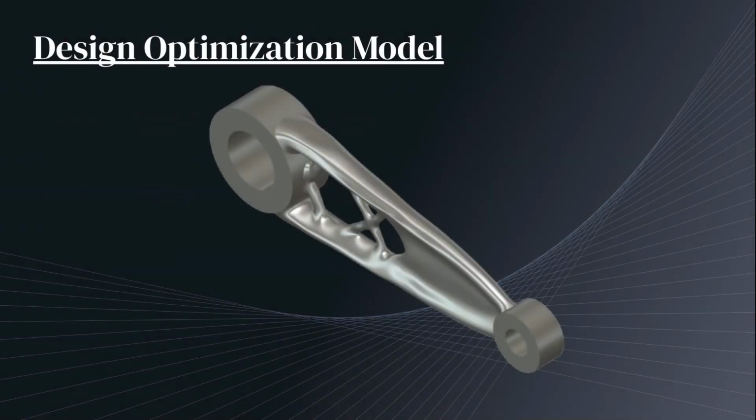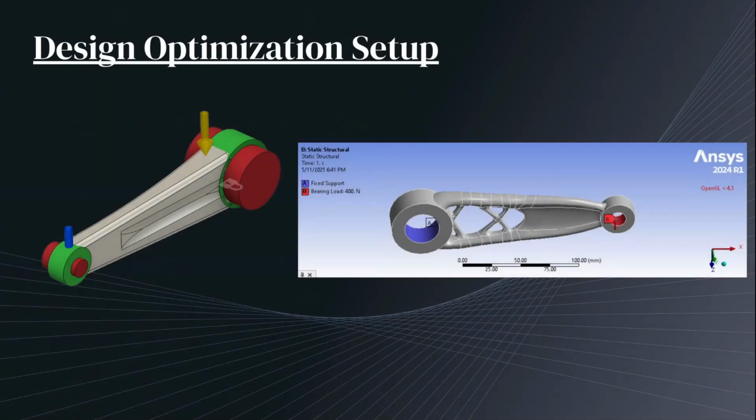When we did our design optimization, we landed on this model, as you can see here. The way we set it up can be seen on the left, with the boundary conditions being the left side where the crank ring is located to be fixed, and the right side hole to have a bearing load of 400 newtons applied downwards.